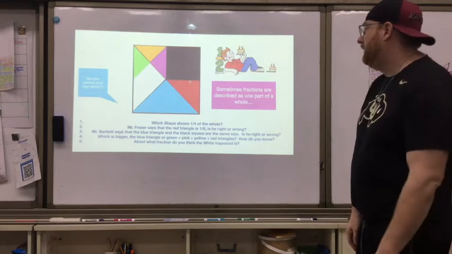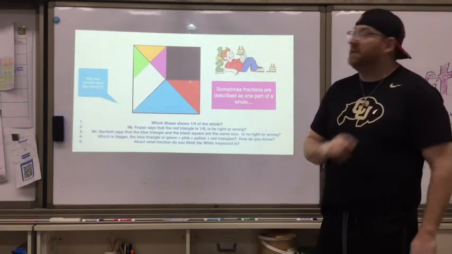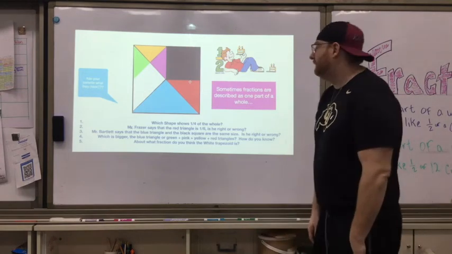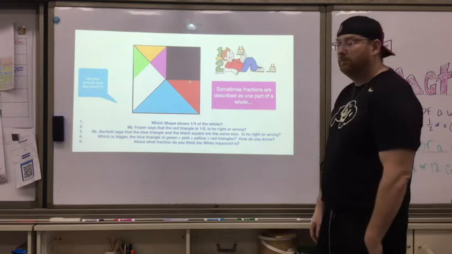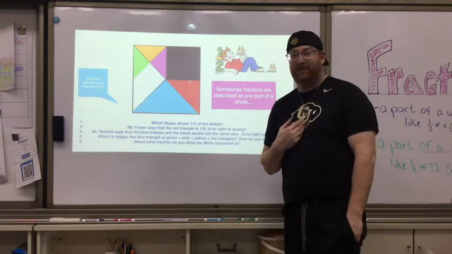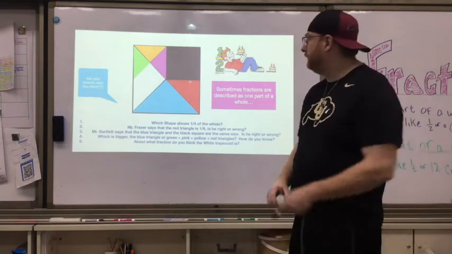Number 2, Mr. Frazer says that the red triangle is 1/6. Is he right or wrong? What do you guys think? Am I right or wrong? Actually, I think I'm wrong.